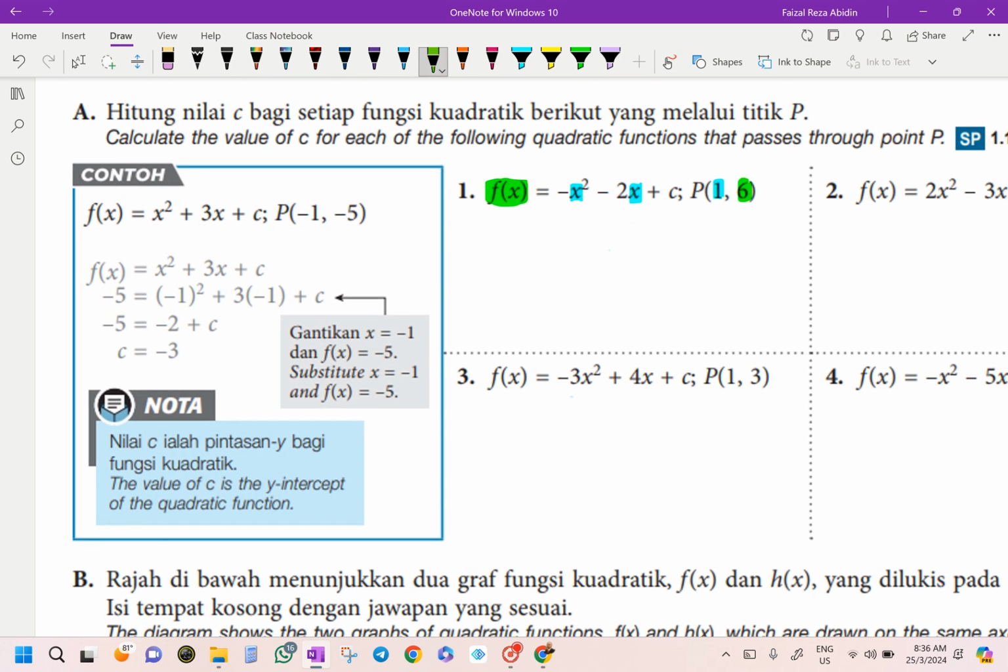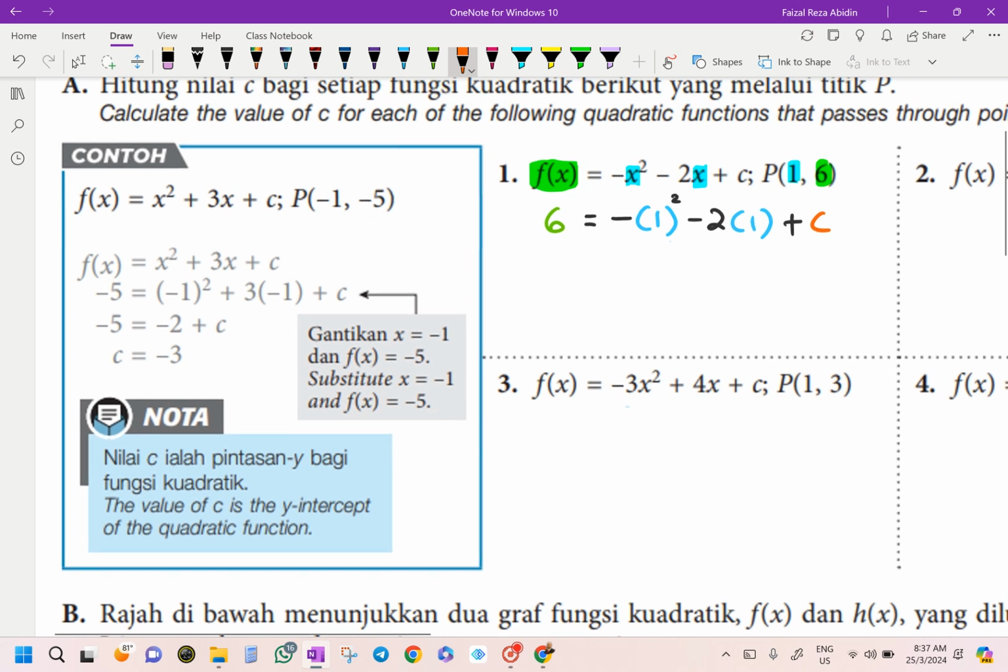So you write back over here: 6 equals negative 1 squared minus 2 times 1, plus C.